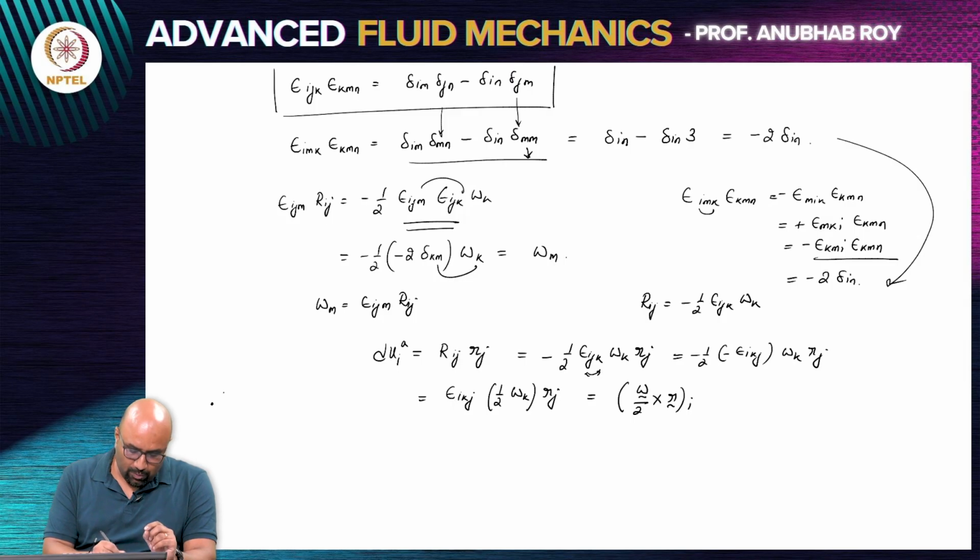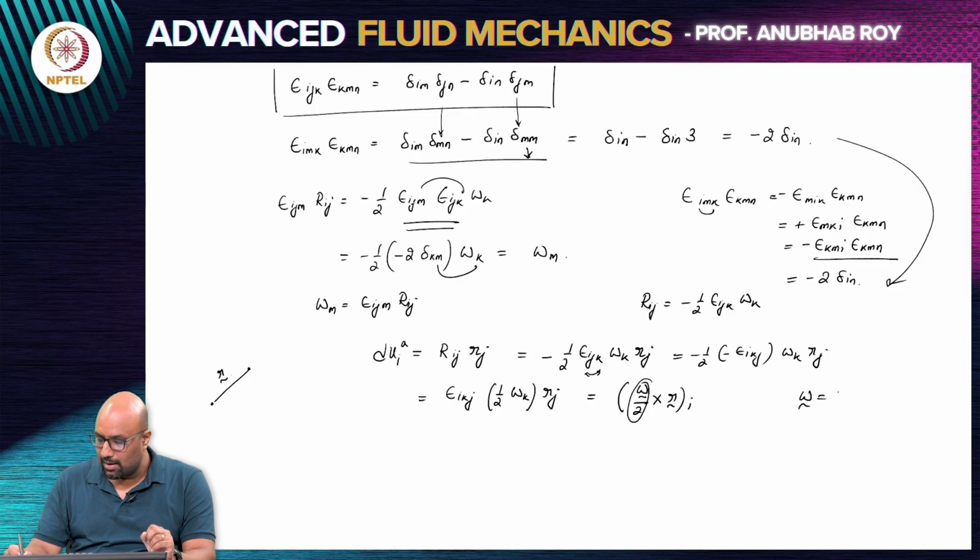So when you have 2 points that are separated by a distance r, there is the relative velocity component, the antisymmetric part, which is related to the local value of what we are calling the vorticity, the curl of velocity.